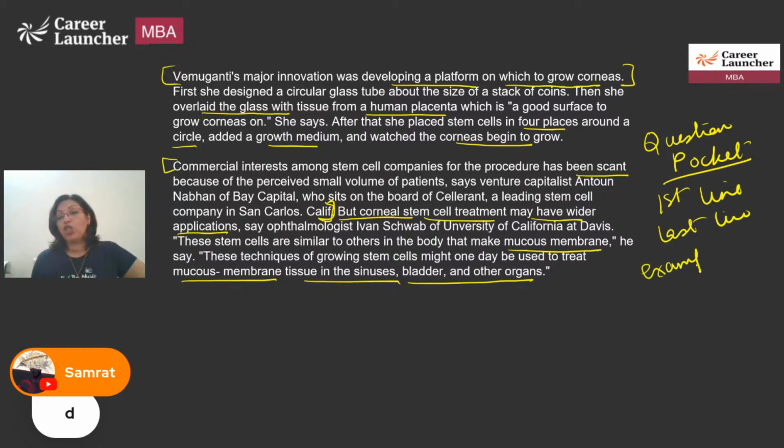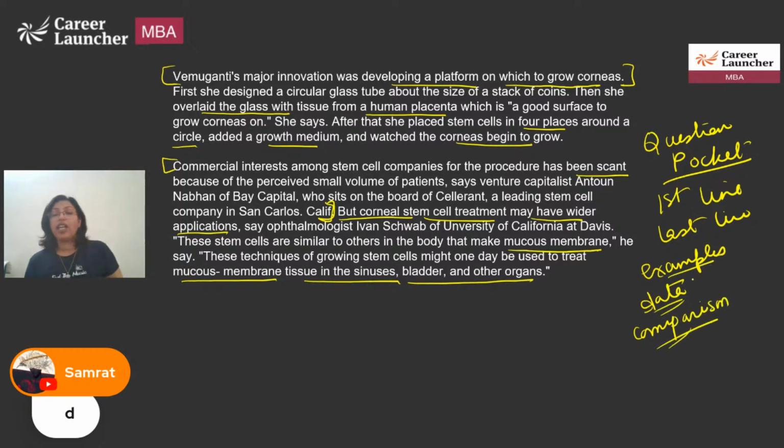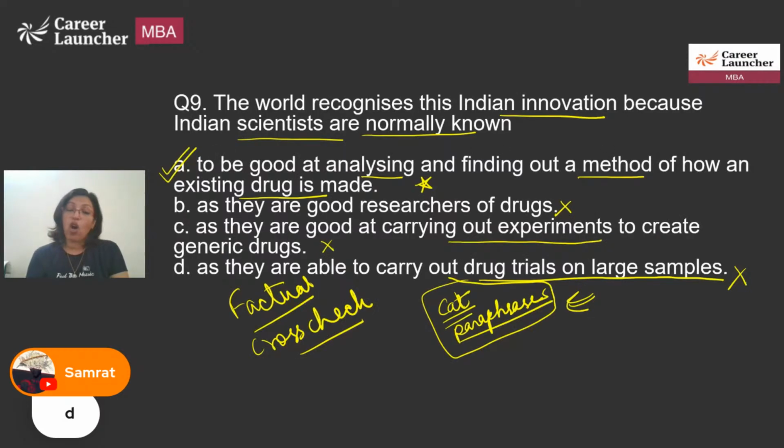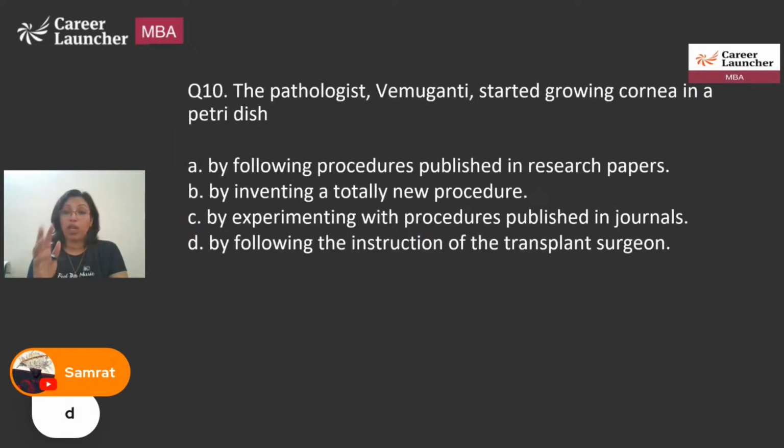Examples that are mentioned, data that is given, any comparisons that are done, these are important question pockets. They give you the place from where the teachers or the question maker will make the questions. So when you're reading, you must always pay attention to these. They will always help you. Any names that are given, pay attention. Any contrasting conjunction is given, pay attention.